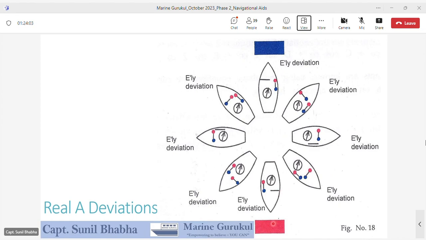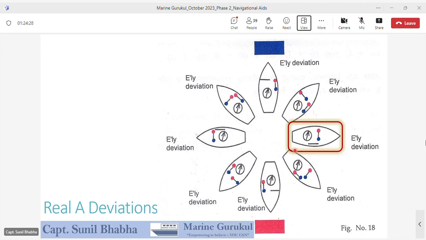The lines of force come out from the red pole of the earth and they go into the blue pole of the earth. So the starboard end of the outward ship beam acquires a blue polarity and the port end of the outward ship beam acquires a red polarity. Now to see its effect, let us zoom into this particular diagram of the ship.